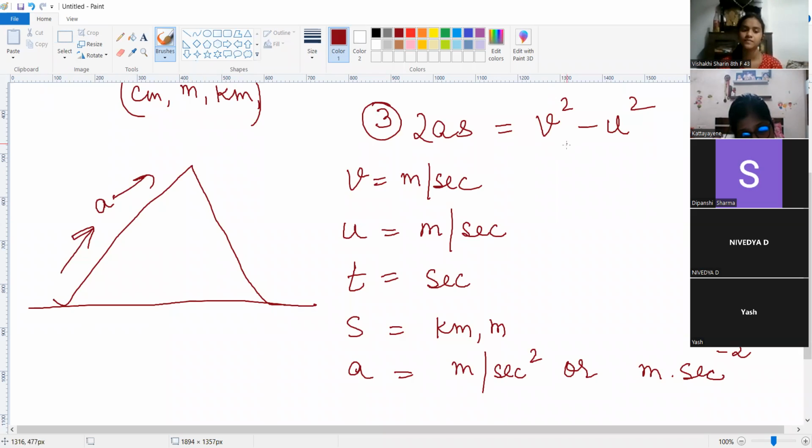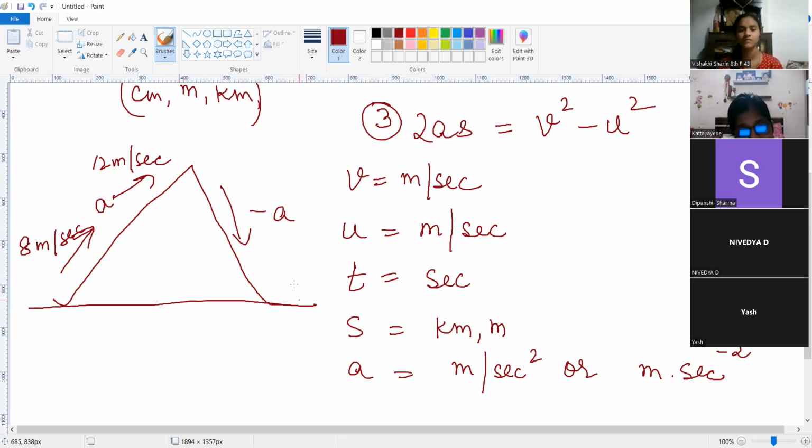Acceleration is when there is a change in velocity on a higher side. That means you are changing from 8 meter per second to 12 meter per second. When your velocity is increasing, you are accelerating. When your velocity is decreasing, you are in a retardation mode or negative acceleration, right?